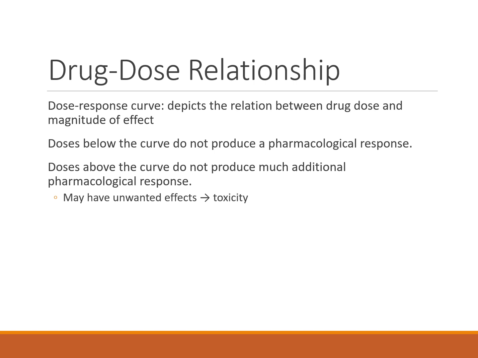You will see this when you look up medications, and it will say, for example, for an inhalation steroid, can give X amount to X amount. Doses greater than X have not seen much more improvement than X. This can happen with oral medications as well. In fact, the risk for toxicity just goes up.